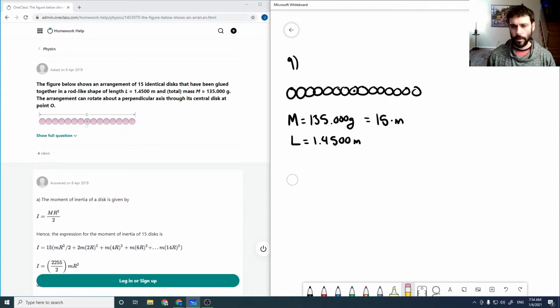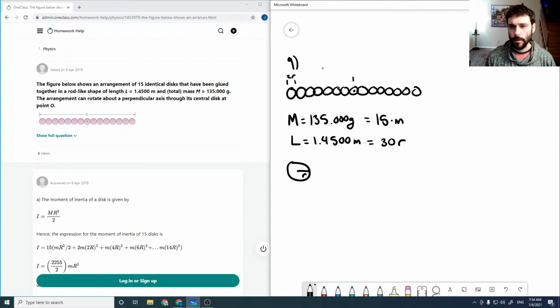And if we expand one of the little circles, so we have an R, then each one will have a width of 2R, and so this is 30R. Okay, so that will just help us for later.